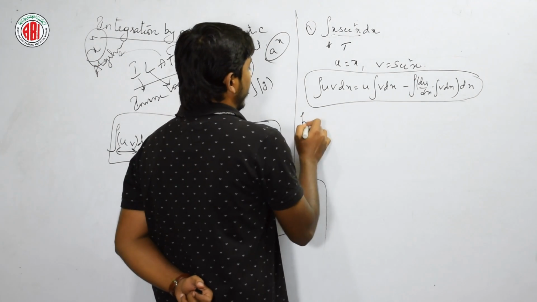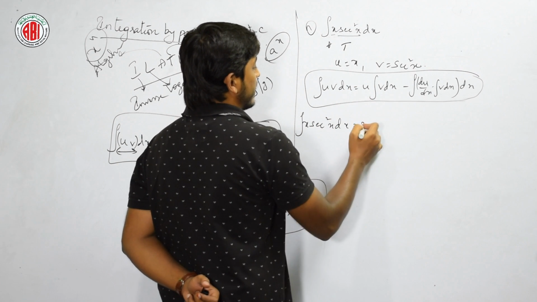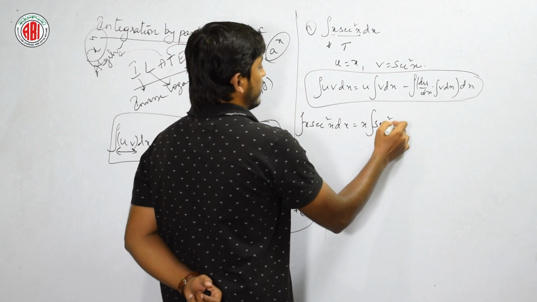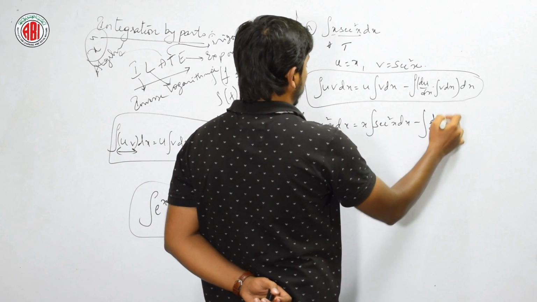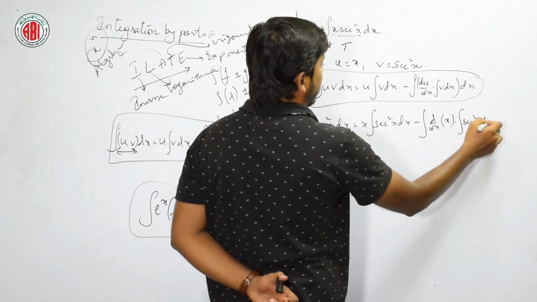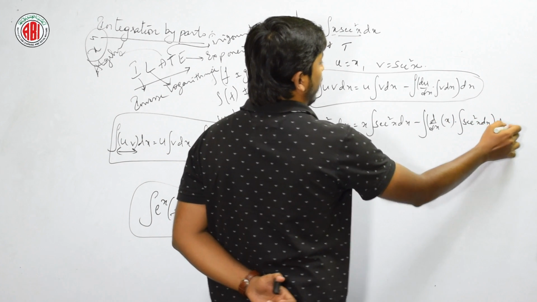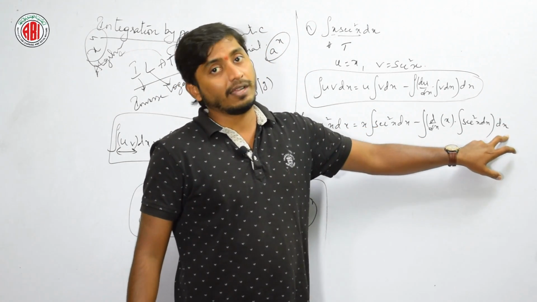Now integral x secant square x dx is u, which is x, integral secant square x dx, minus integral differentiation of x, integral of secant square x dx, whole dx. Is it clear? You can understand this particular term, right?